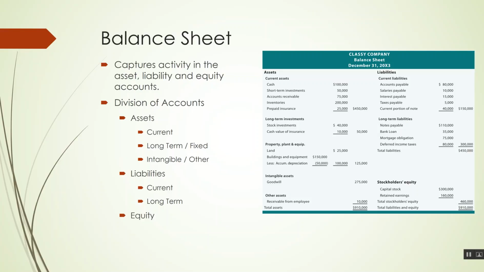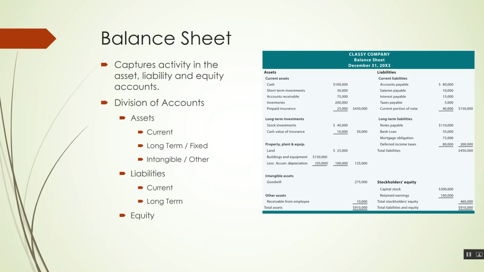Fundamentally, the balance sheet is divided in the following way. You're going to have your assets section. In the statement on the right-hand side, you see the assets are listed on the left-hand side of the report, and the liability and equity accounts are listed on the right-hand side.